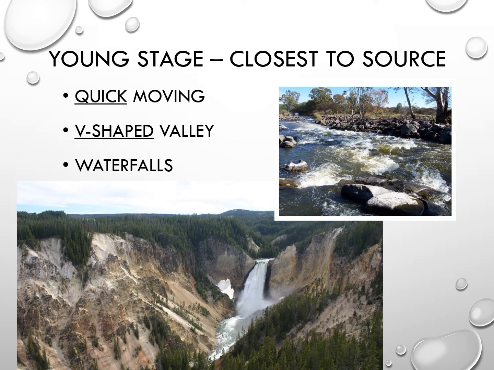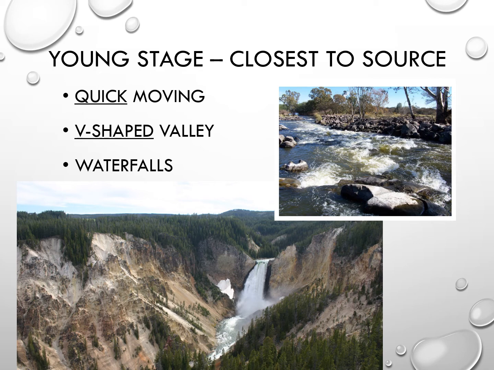So the first stage is the young stage, and this is the closest to the source. So the source is probably a spring or something like that up in the mountains, so the gradient of the land is very steep, and the water is going to be very quick moving. The young stage is going to create V-shaped valleys.